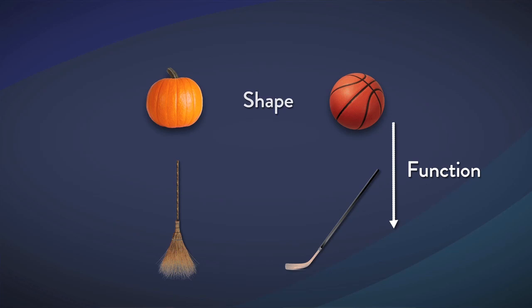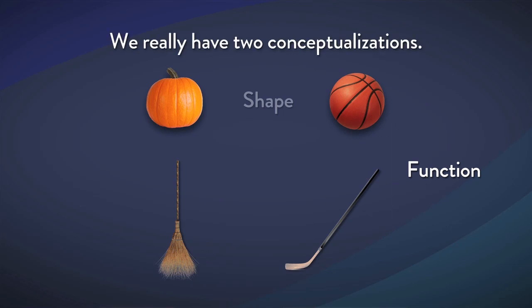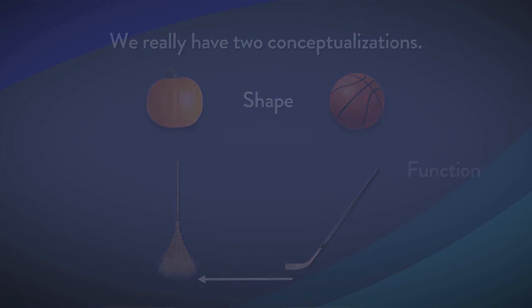They're not alike in shape. And forget that we have switched CCD, so we really have two conceptualizations, and try to say the pumpkin is like the hockey stick, which is like a broom in shape again. So the error is in choosing a new CCD in the middle of the concept forming process. You can't do that. It must be one univocal CCD, and it must be a fundamental.